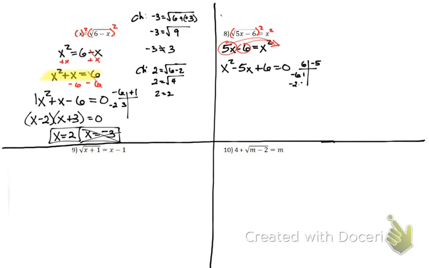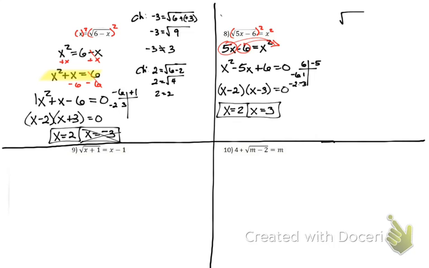How about -2 and -3? That'll work. -2 and -3 will make +6, and -2 and -3 will make -5. So I'm going to have x minus 2 times x minus 3 equals 0. Means x is going to equal 2 and x is going to equal 3, maybe. That's if both check out.